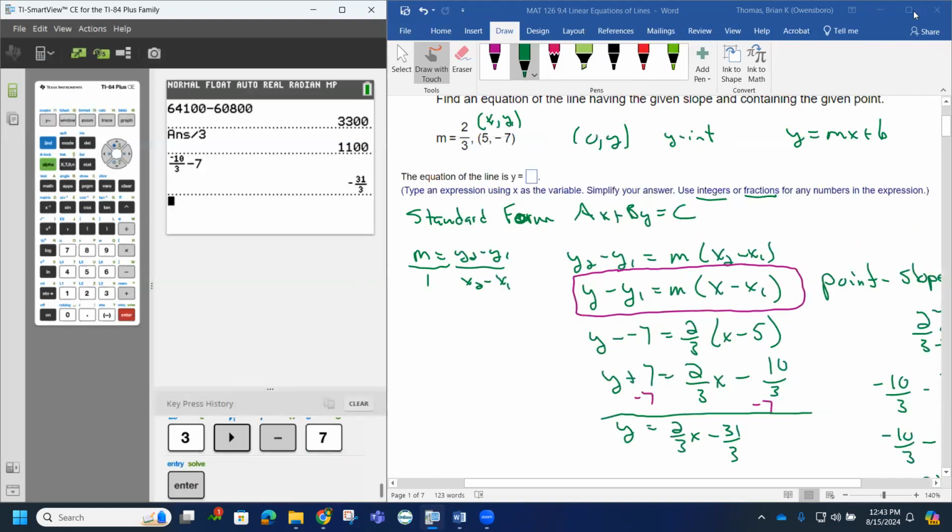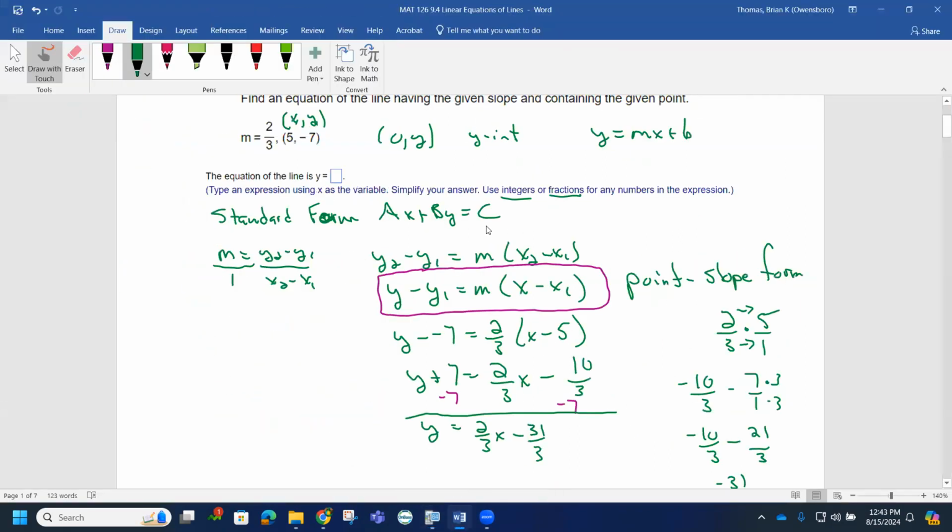So we have a little bit going on here. If we were given a slope and a point, one of the ways to do this problem is the point slope form. I can use this formula and just substitute into it. But now it's up to you to manipulate the problem. Remember that subtracting a negative is like adding the opposite, so that's the same thing as plus 7, which makes the math a lot easier.